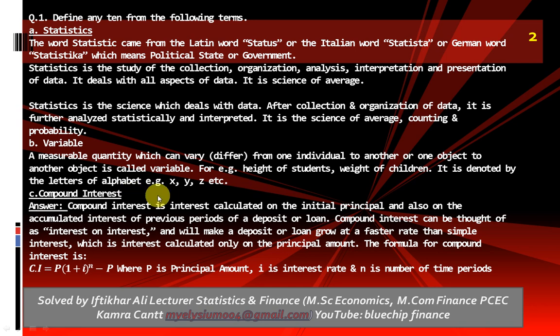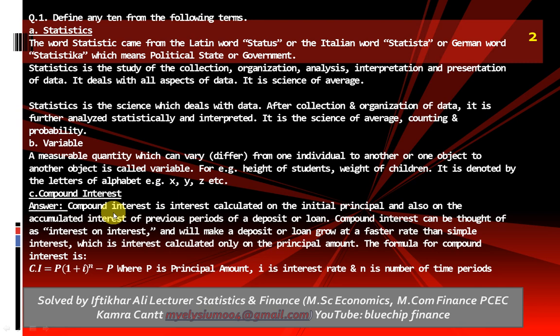The third term is compound interest. As you know, it is a concept of the time value of money, in which only one single deposit or receipt is applied. Compound interest is interest calculated on the initial principal and also on the accumulated interest of previous periods of a deposit or loan.